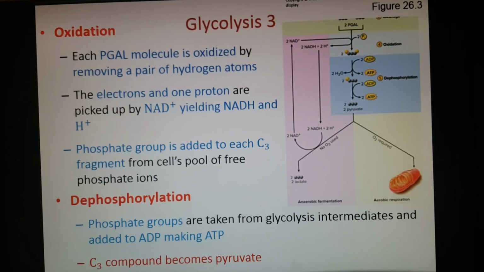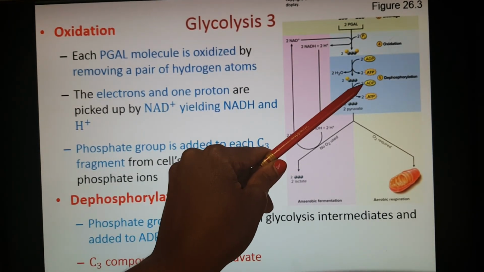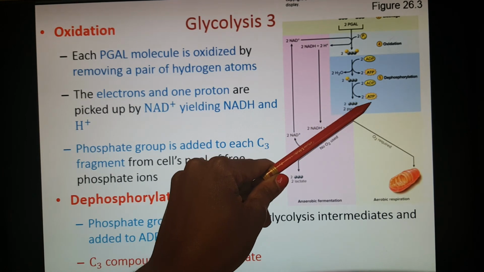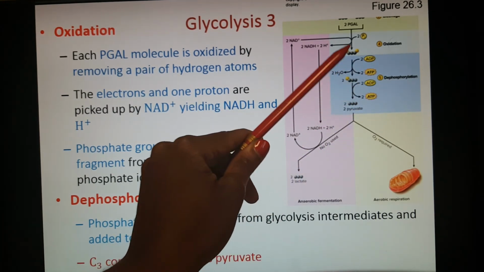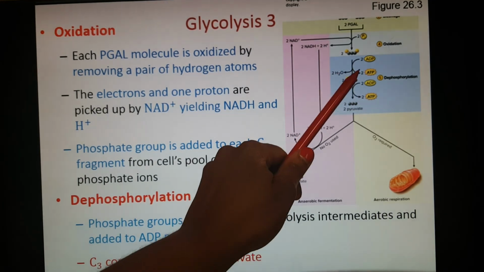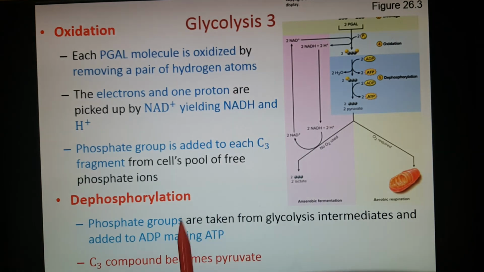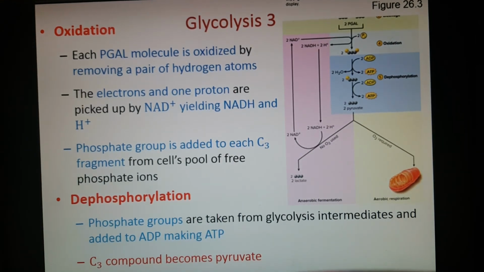So those phosphate groups are taken off that molecule and then transferred to an ADP, making them ATP, and that's where you get the making of your 2 ATP molecules. So here as well as here. So technically you're making 4, but because you use up 2 ATP molecules during this process, you only make 2 net ATPs out of that glycolysis process.